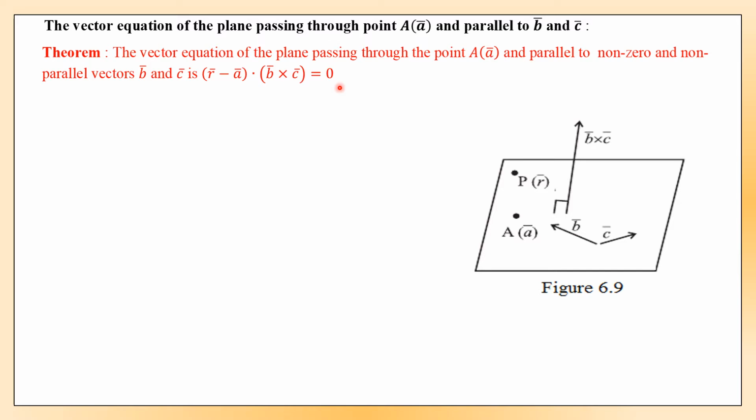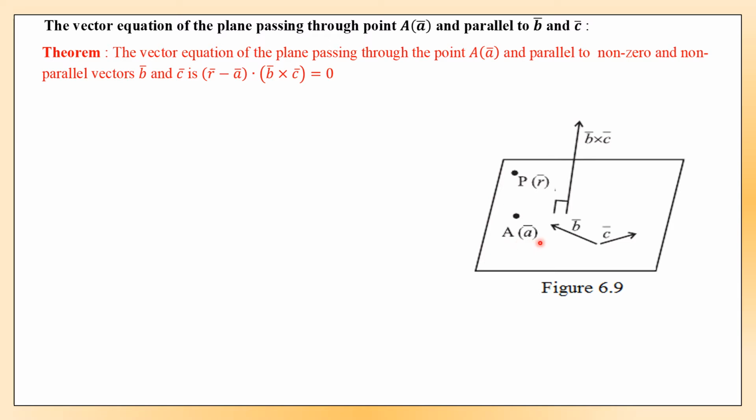We have to show that the equation of the plane passing through the point and parallel to non-parallel vectors B vector and C vector is as above. Here this is the plane, passing through the point A equal to A vector.